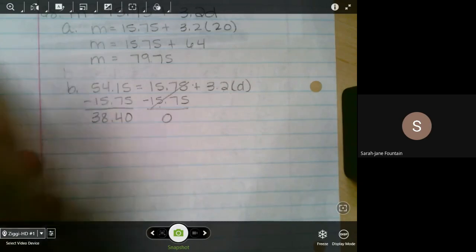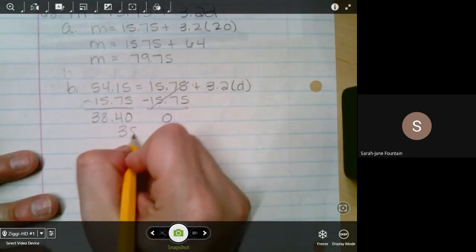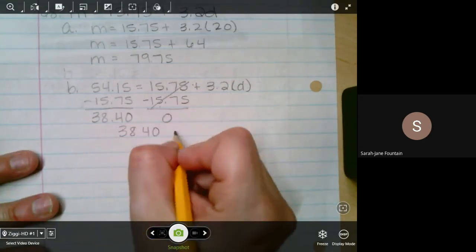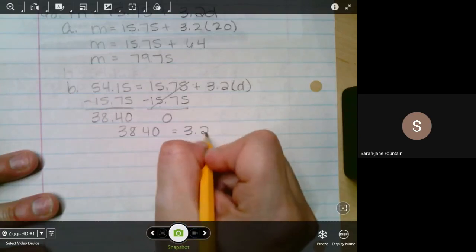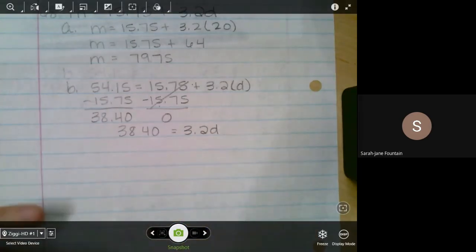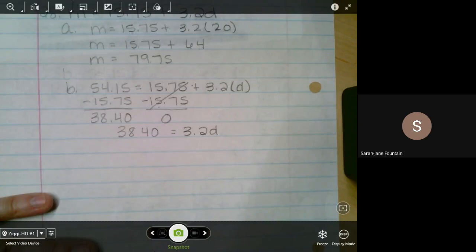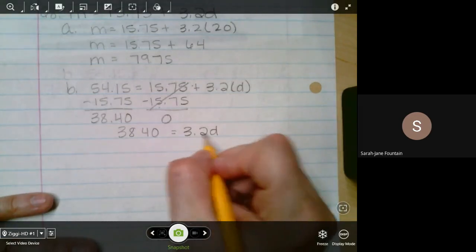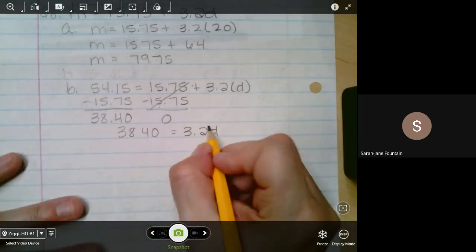Yeah. So now I have 38.40 equal to 3.2D. I need to isolate D. I have to get it by itself because that's what I am finding an answer for. So I have 3.2D. They're being multiplied together.